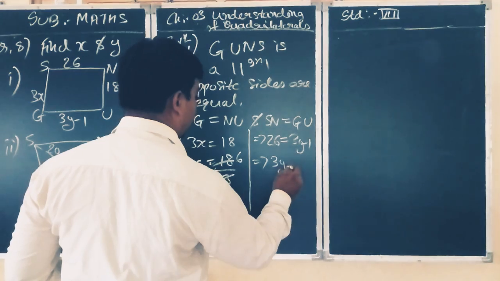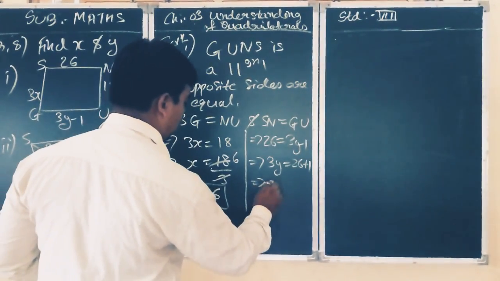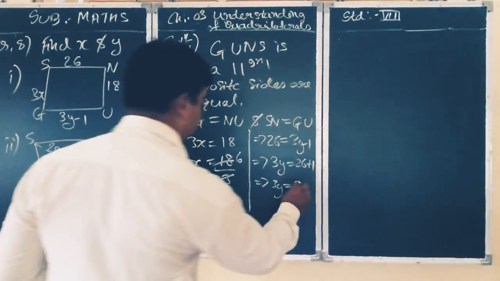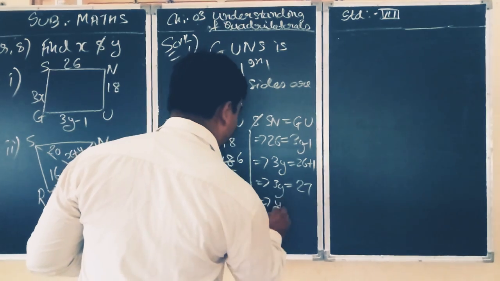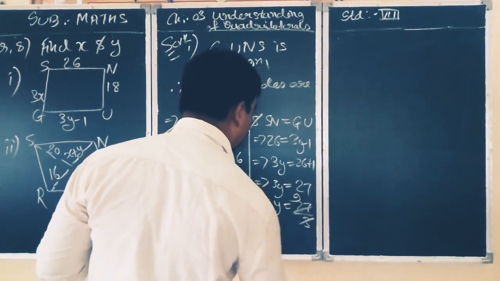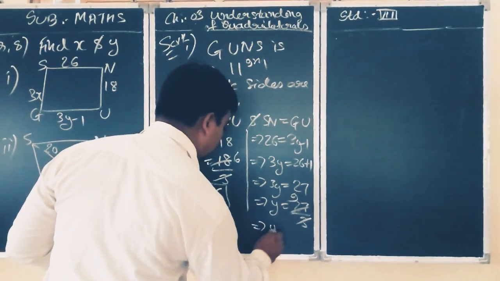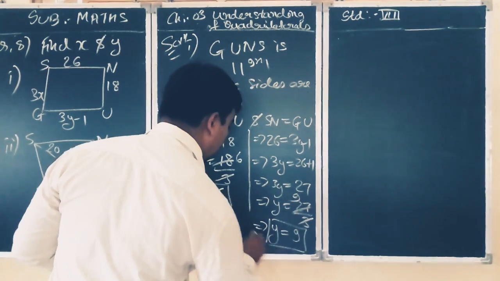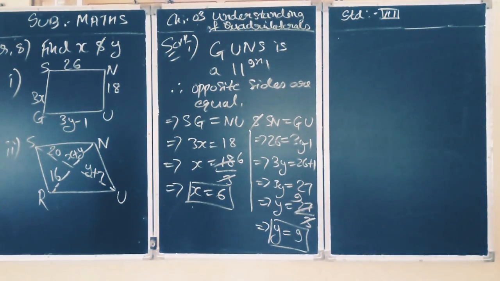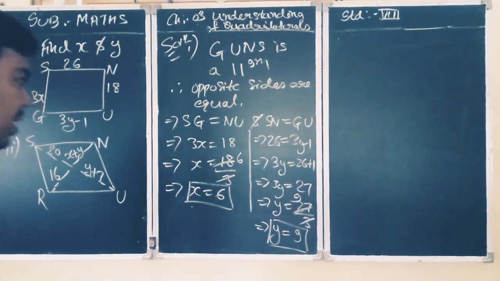Then 3y is 26 plus 1, which is 27. 27 divided by 3 is 9. So the value of y is 9. The value of x is 6, and the value of y is 9.